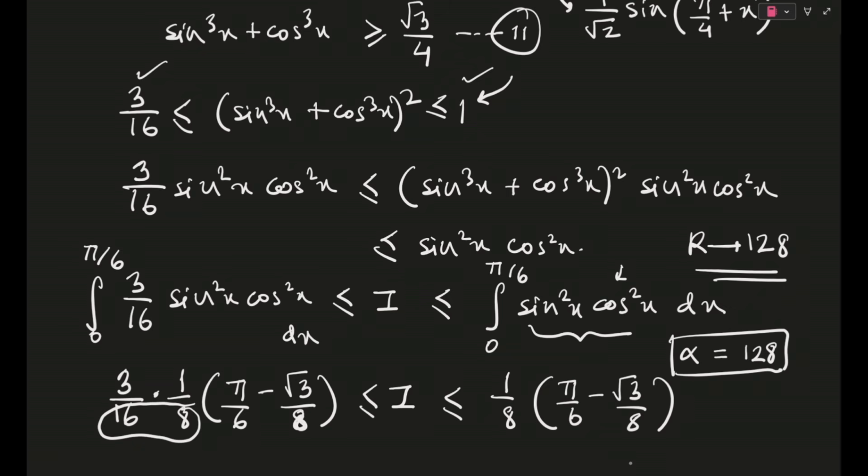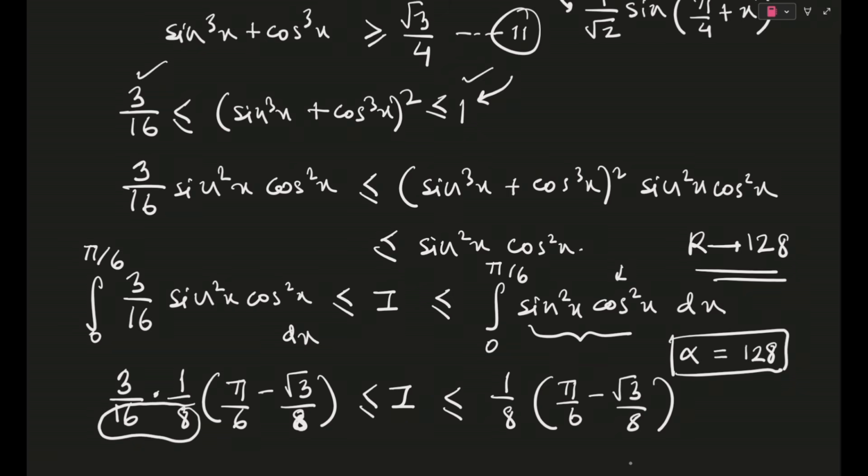Okay. So one thing that can come to your mind right now is how do we know this predetermined in the exam hall? Frankly speaking, there is no way to know this. Actually, there is a formula, small m into b minus a and capital M into b minus a, but that doesn't quite apply here. Because inequalities are not strict bounds. Strict bounds are preferred in mathematics because if you have tighter bounds, your value estimation will be easier.